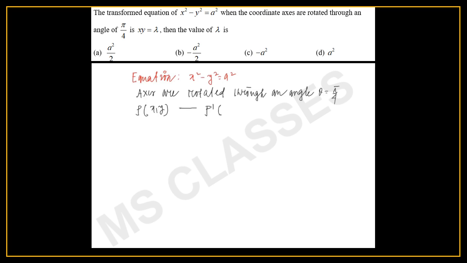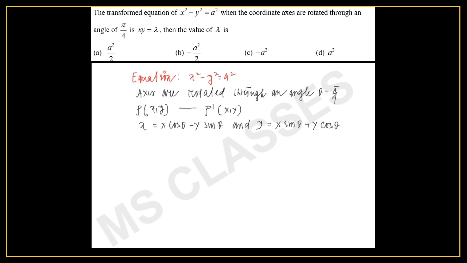Now we have to express small x in terms of capital X. We know the formula: small x is capital X cos theta minus capital Y sin theta, and small y equal to capital X sin theta plus capital Y cos theta.